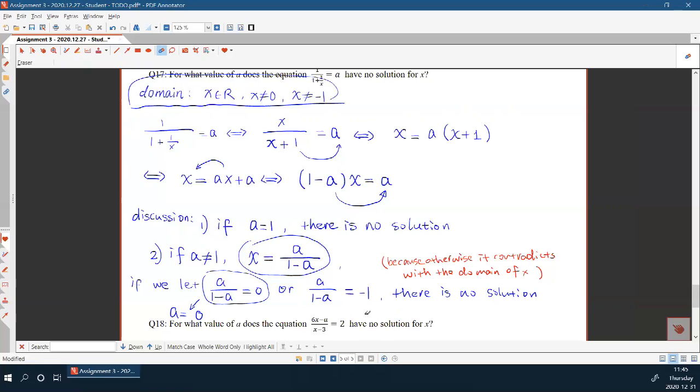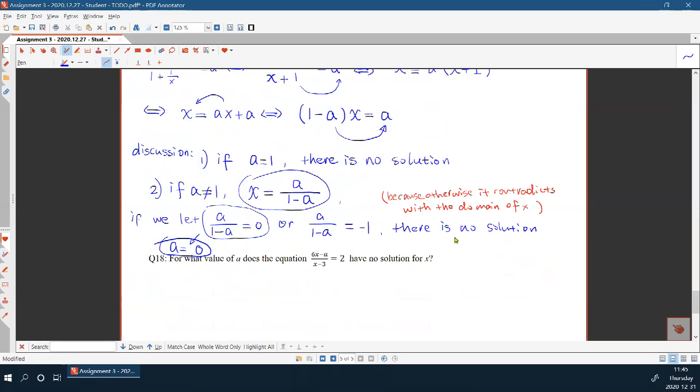So that means we can only solve the first expression, which gives us a is 0, right? So the conclusion is when a is 1 or a is 0, there is no solution for x.